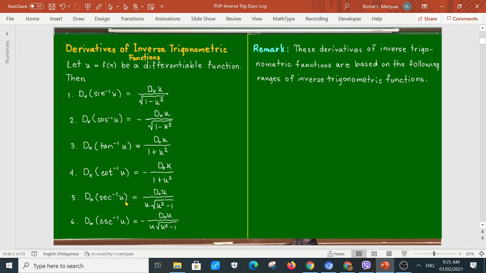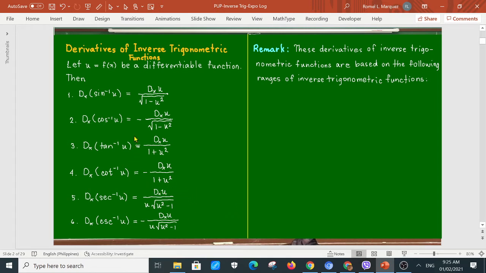The derivative of inverse secant u is equal to derivative of u over u times the square root of u squared minus 1. The derivative of inverse cosecant u is equal to negative derivative of u over u times the square root of u squared minus 1. Okay?